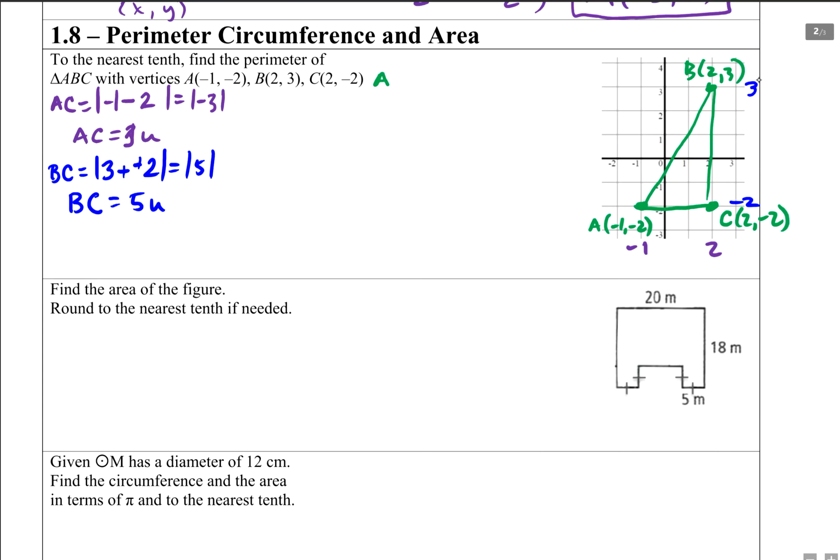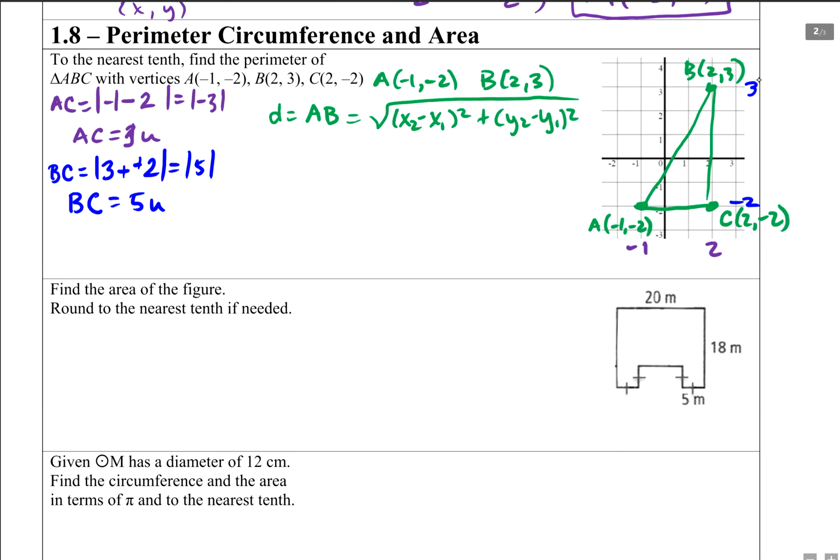So I know that A is at -1, -2, and B is at 2, 3, and I know I'm going to need my distance formula to find the length of AB, which is the square root of x2 minus x1 quantity squared plus y2 minus y1 quantity squared. So I need to label x1, y1, x2, y2. And that little half a second there makes sure that I keep everything in order.